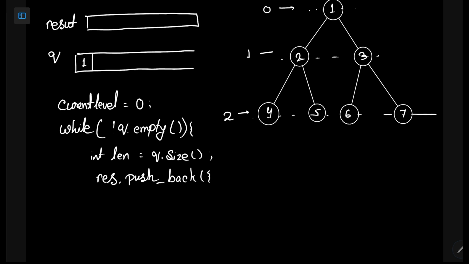Here we'll also put the values level wise, so first it will store 1, then it will store 2 and 3, then it will store 4, 5, 6, and 7.